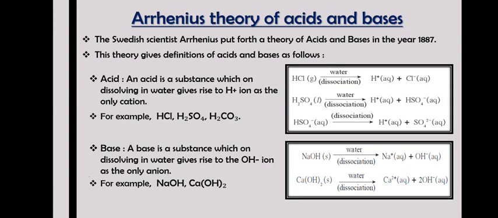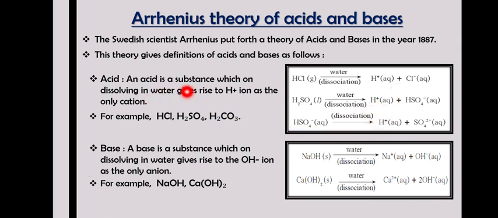So let us move to the next topic, that is the Arrhenius theory of acids and bases. The Swedish scientist Arrhenius put forth a theory of acids and bases in the year 1887. Now this theory gives definitions of acids and bases as follows. See these reactions. What is common in this reaction? HCl, H2SO4, HSO4 minus, right? H plus, H plus, H plus, that is common.